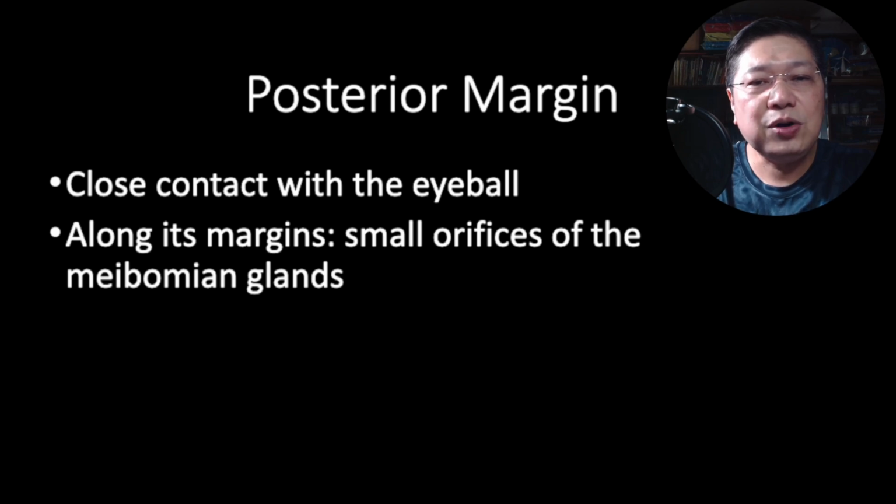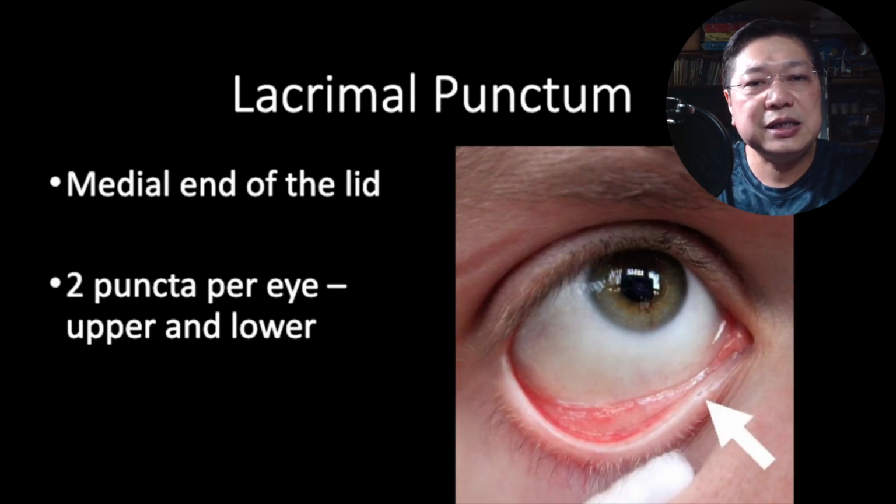Now, there are small orifices of the meibomian glands in that area that basically lubricate the eye. Now, the lacrimal punctum is the main drainage of your tears. If the punctums are not there or they're blocked, your tears will flow all over your face.